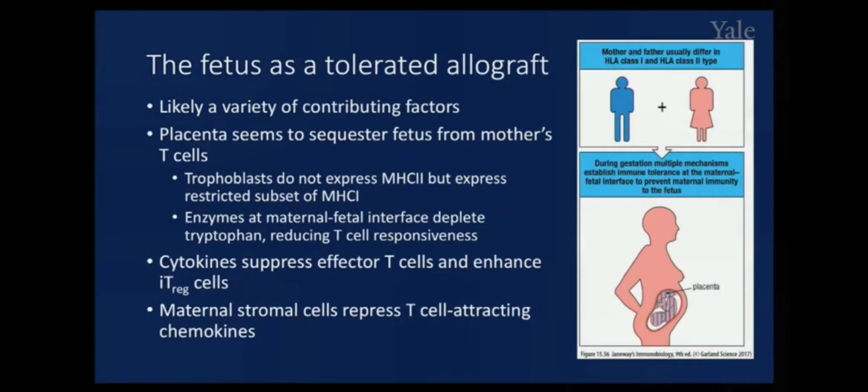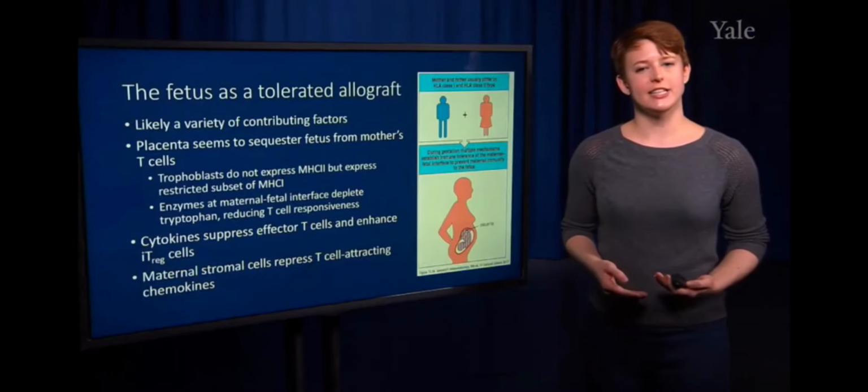And it's likely that there's a variety of contributing factors to this tolerance of a fetus. One of the main things is that the placenta seems to do a pretty good job of sequestering the fetus from the mother's T cells. And this is particularly important in later trimesters, as initially the placenta is still developing.